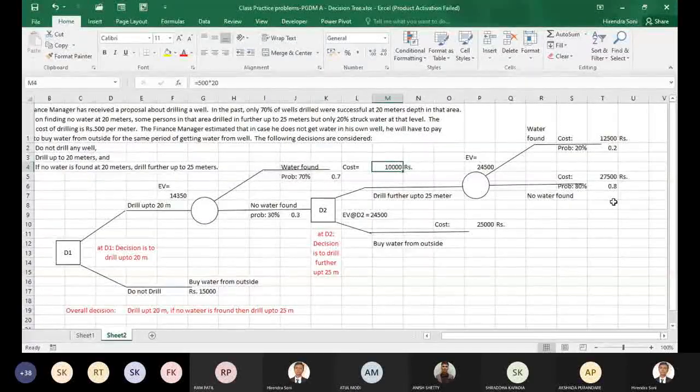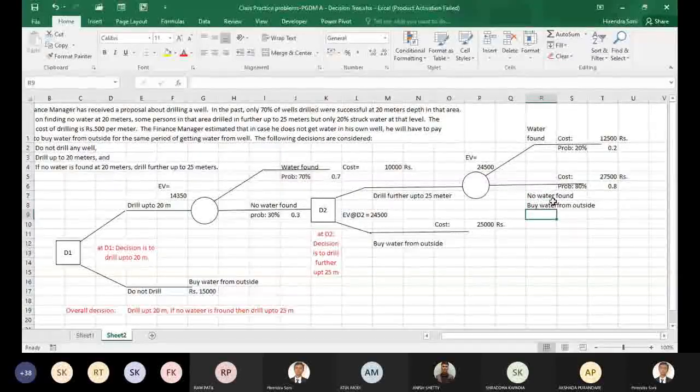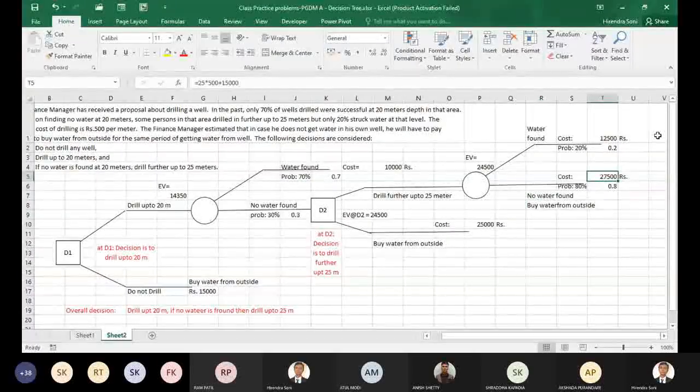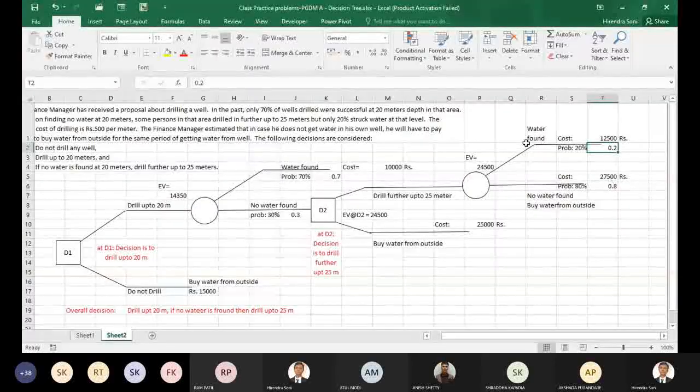Now my expected value at this node would be 12,500 into its probability, because the chances of finding water at 25 meters is only 20% and not finding is 80%. So 12,500 into 0.2 plus 27,500 into 0.8 would be my expected value at this juncture.